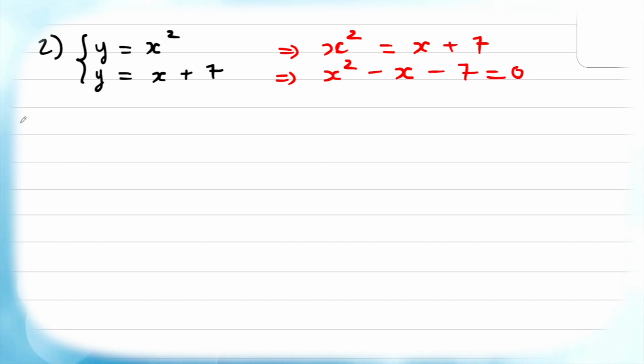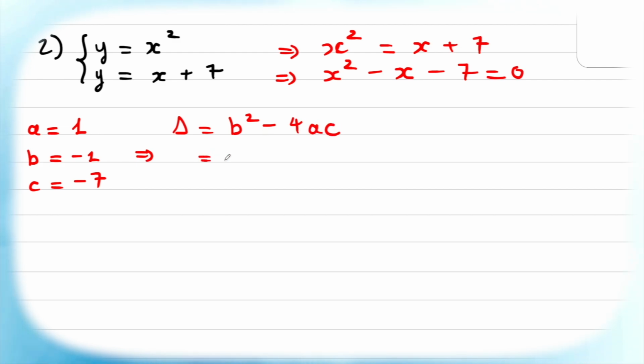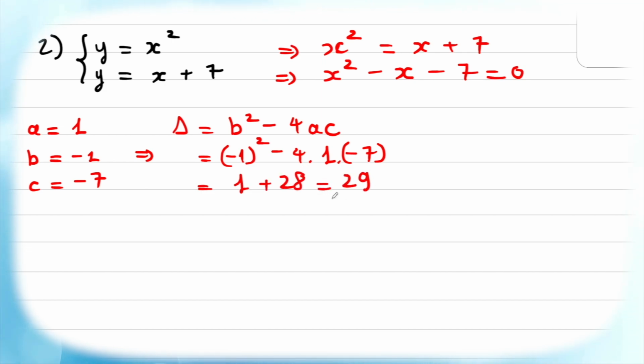I have to use the formula with a, b, c. Here a is 1, b is minus 1, and c is minus 7. The discriminant will be b squared minus 4ac, minus 1 squared minus 4 times 1 times minus 7, so 1 plus 28 equals 29.